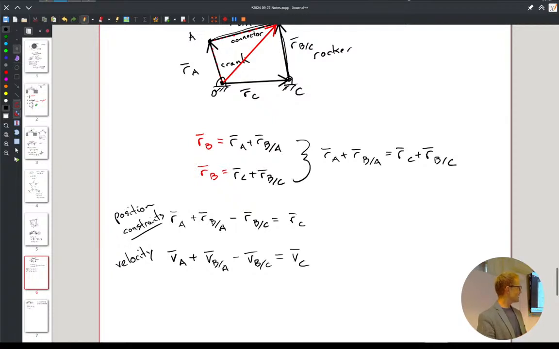C? Yeah, VC. I can get rid of that and say that those three velocities have to add up to zero. Because point C is always a constant value, so its derivative has to be zero. It just makes the velocity constraint a little simpler.